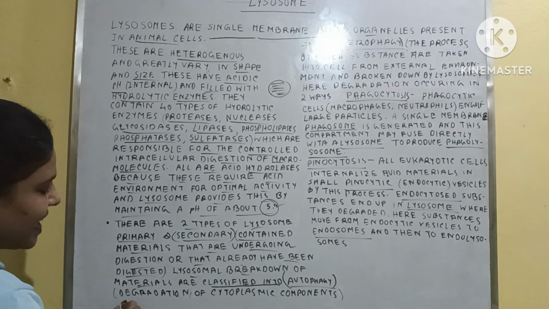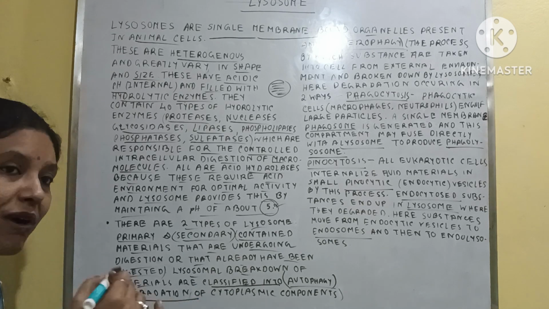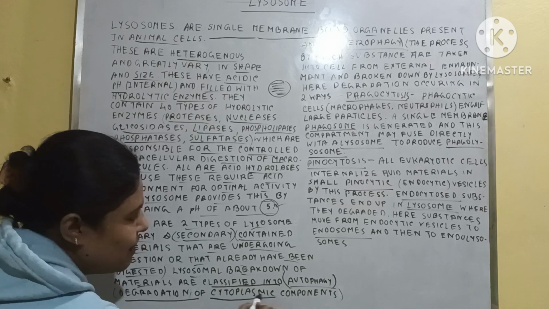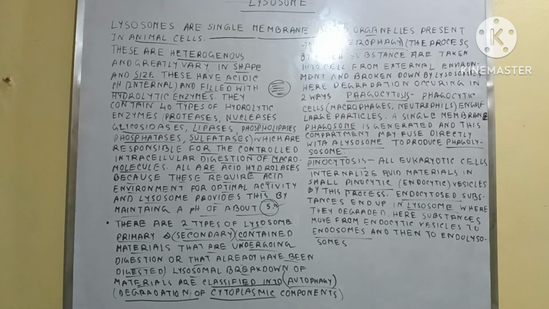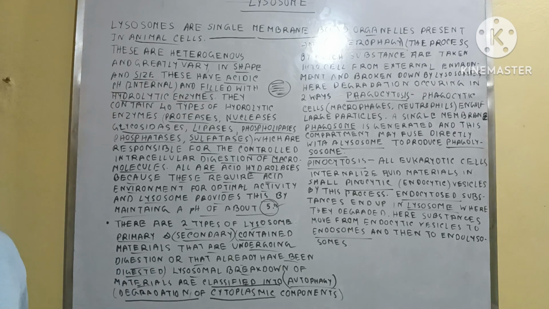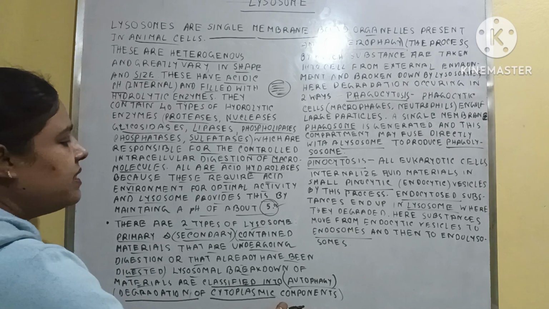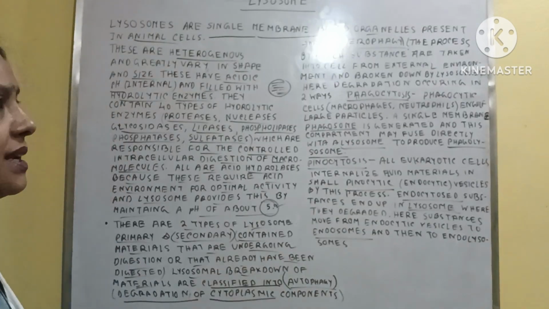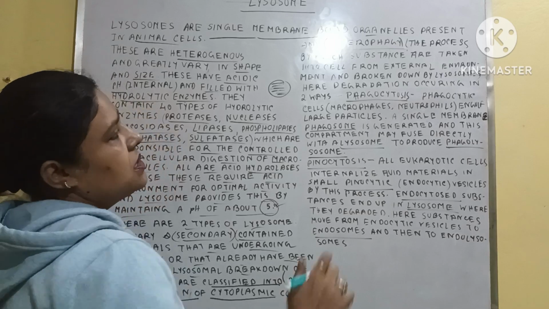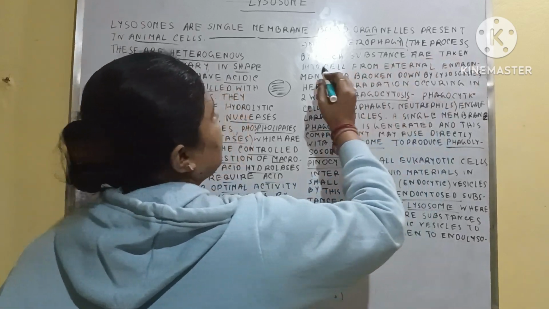Autophagy means the degradation of material. What kinds of materials or components? Those that are cytoplasmic, within the cell, or the cell's components that are not necessary for the cell. These are degraded by this process. Clear? And heterophagy is the process by which substances are taken in.